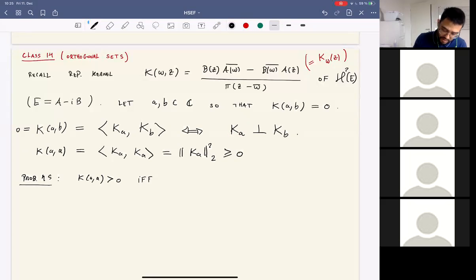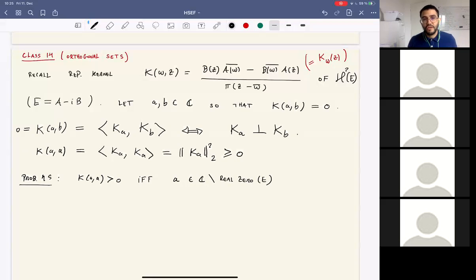K(a,a) is positive, and therefore the function K_a is not identically 0, exactly when a is not a real zero of the function E. So for all a's which are not the real zeros.